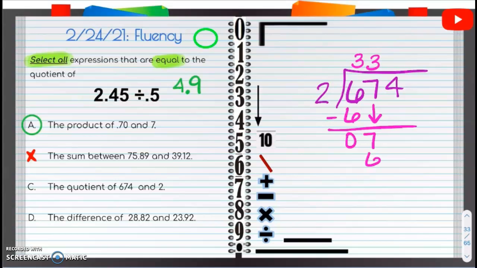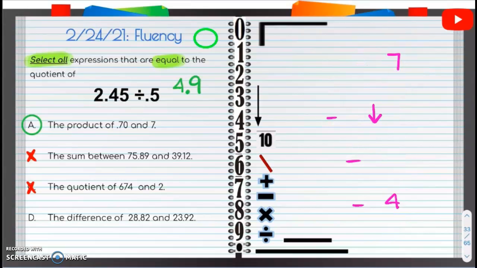You get 6. 7 minus 6 is 1. Drop that 4. 2 goes into 14 7 times. 2 times 7 is 14. There are no remainders. Nothing left to drop down. 337? Wrong.